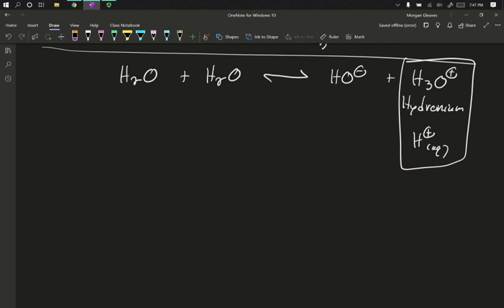And in fact, lots of waters are doing this all over in your solution, and so the OH- and the H+ that meet back up aren't from the same original molecules. It still just takes time for them to run into any of the other ones. As a result, there's an equilibrium. Water breaking apart into the H+ and the OH-, H+ and OH- running into each other to go back.